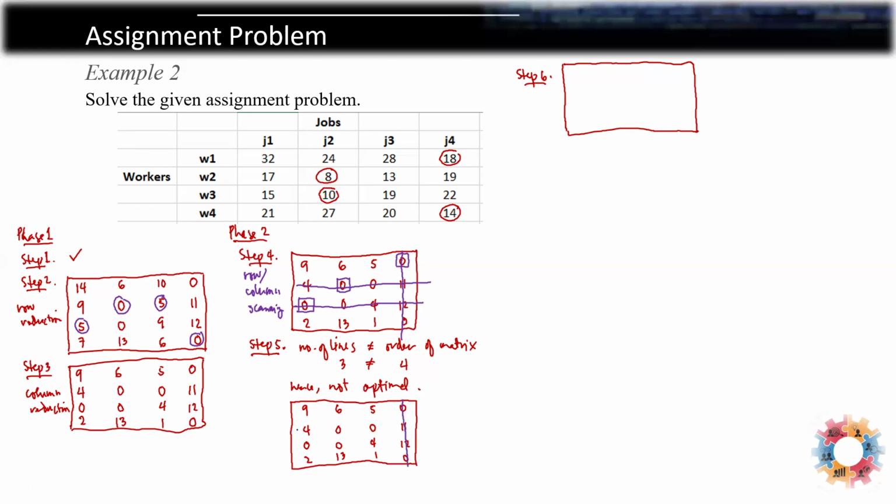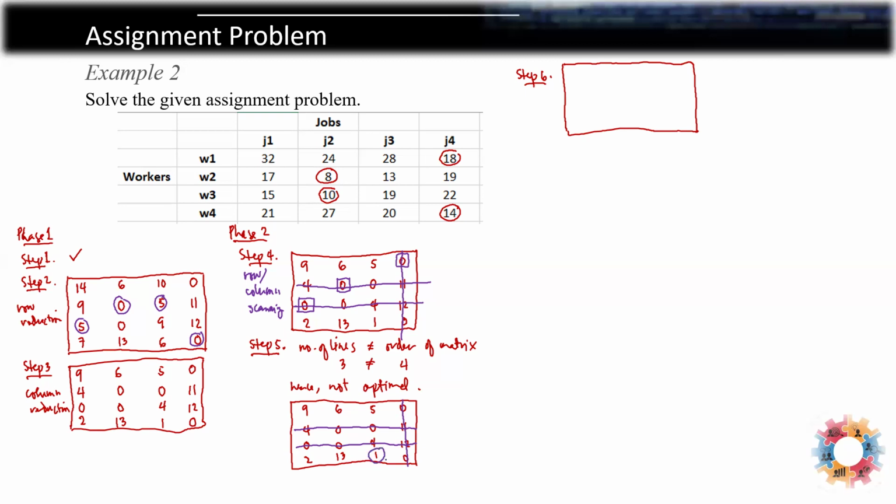And then we have here the second row is also deleted. The third row is also deleted. Okay? And then the remaining values for which the lines did not pass through are 9, 6, 5, 2, 13, and 1. And the smallest among them is 1.